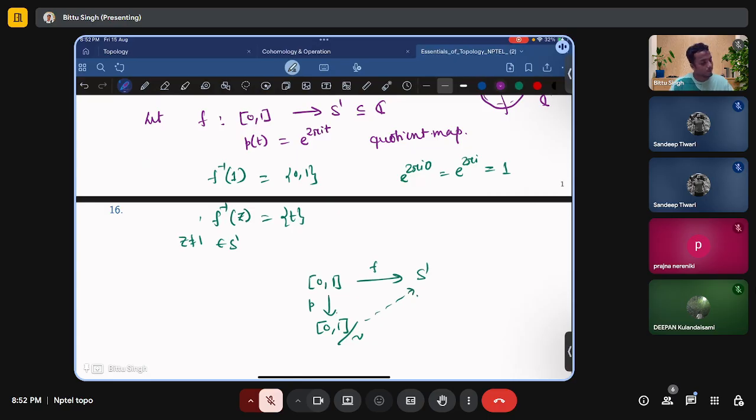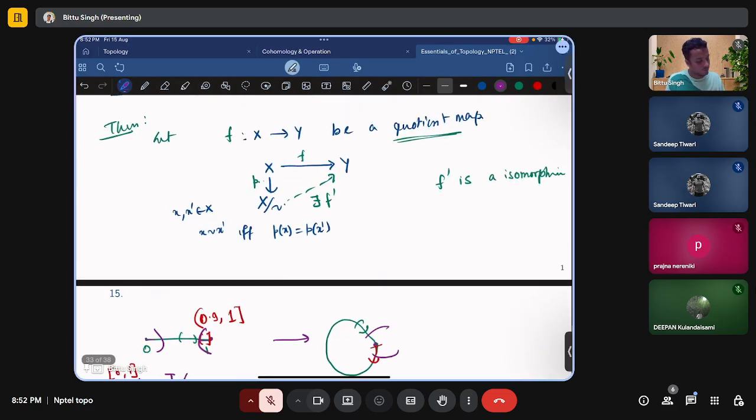There exists some kind of continuous map f tilde. And moreover, this is not only existing, this is actually a unique map. So let me start with any continuous map, then this kind of factorization exists.